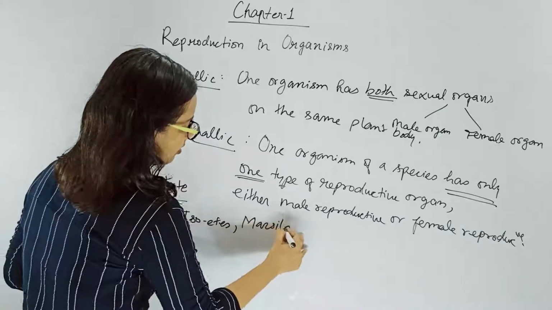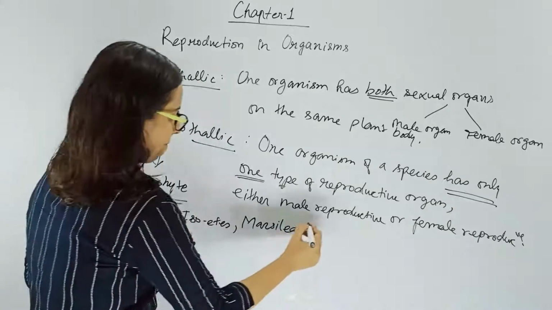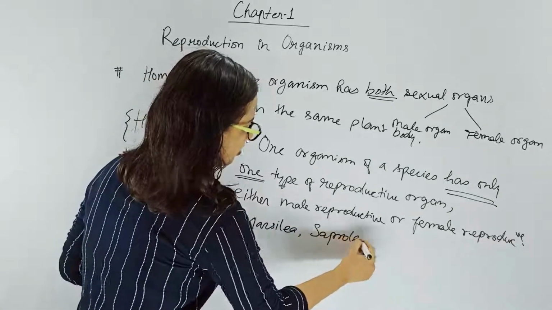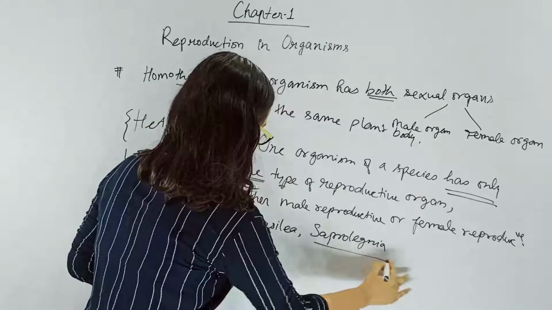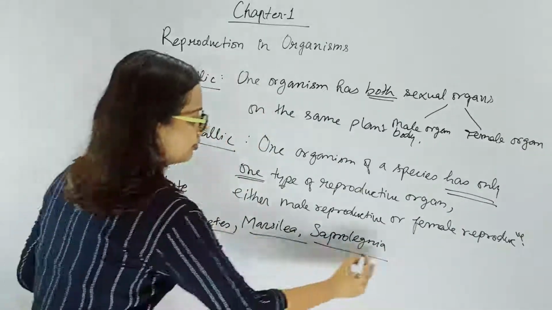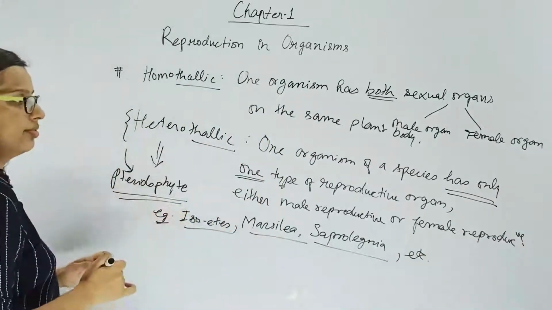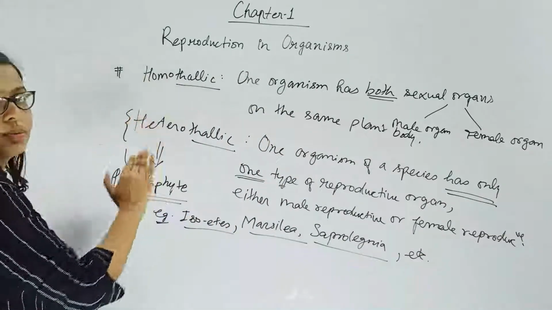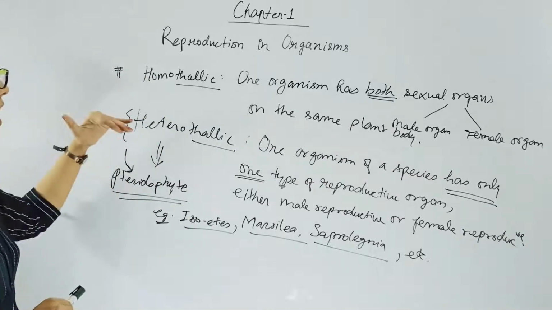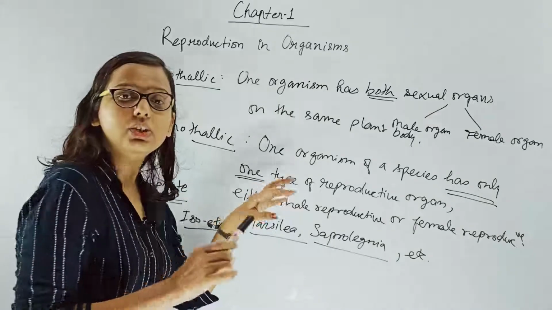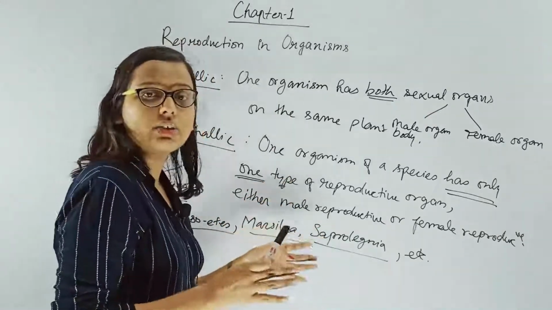Marsilia, then Saprolegnia, etc. So these are heterothallic. Other pteridophytes are homothallic. These two terms you have to keep in mind, because you can be asked to differentiate between them. What is heterothallic, what is homothallic?